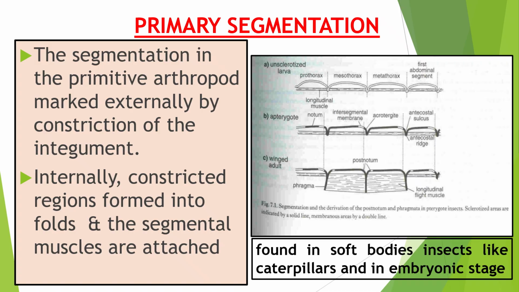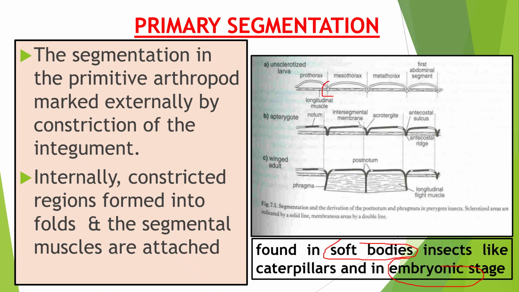Now let's jump into the different segmentation processes. The primary segmentation is mainly seen in soft-bodied insects like caterpillars, and in the embryonic stages, we can detect this primary segmentation. This segmentation is seen in primitive arthropods, which are marked externally by constrictions of the integument.